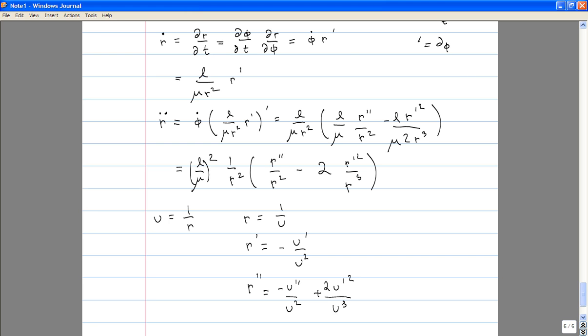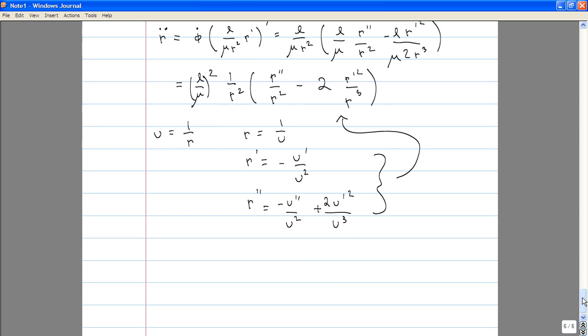So let's go ahead and take these two and plug them into here. Everyone with me so far? So r double dot is L over mu squared times 1 over r squared, which is u squared, times r double prime over r squared, otherwise known as r double prime times u squared.